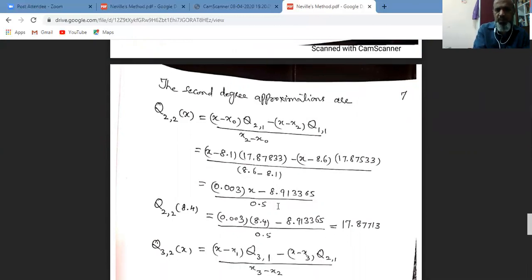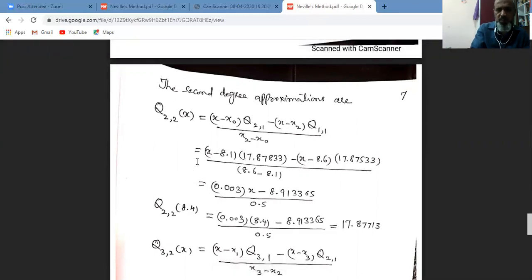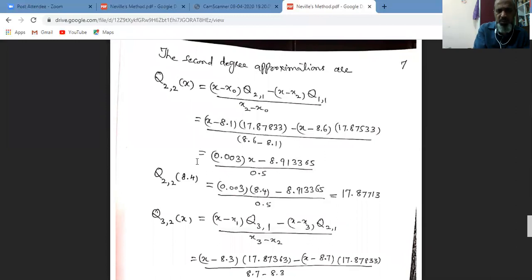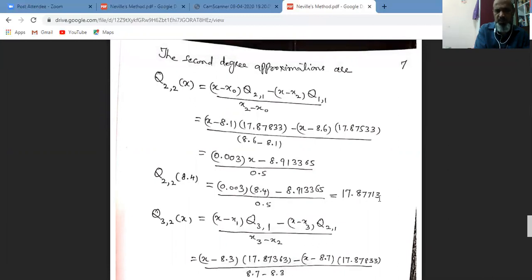Again, simplifying, collecting the x terms and constant terms, we get 0.003 into x minus 8.913365 by 0.5. So this is the second degree approximation. Again, second degree approximation q22 at x is equal to 8.4 is obtained by substituting x is equal to 8.4, and simplifying, we get the value as 17.87713.